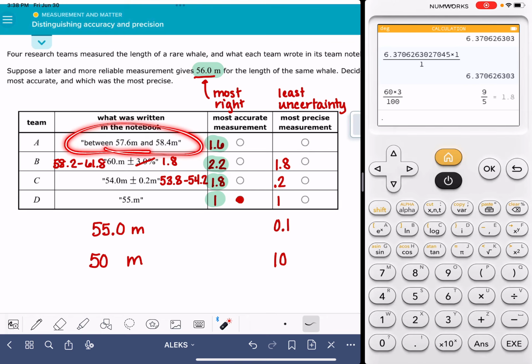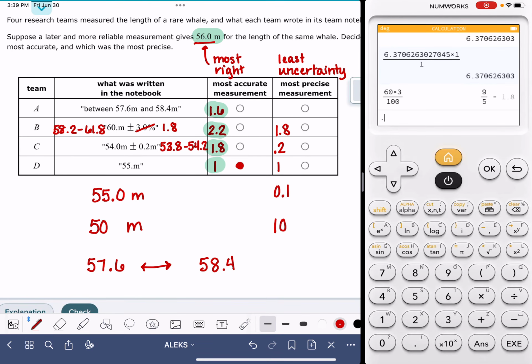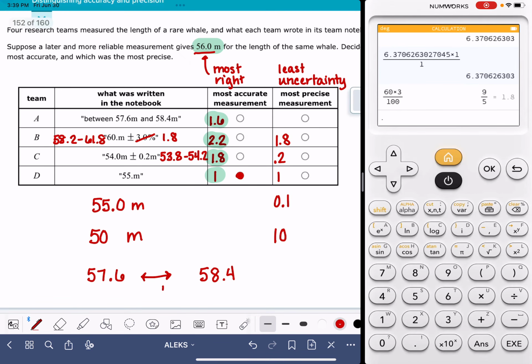And then for this one, the number that has a range like that, this one's a little bit trickier. What we're going to do is assume that the numbers ranged from 57.6 to 58.4, and they're saying they're somewhere in this range. We find the midpoint of 57.6 and 58.4. I'm going to do that by subtracting 58.4 minus 57.6.